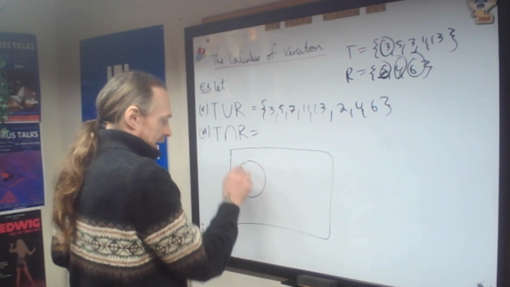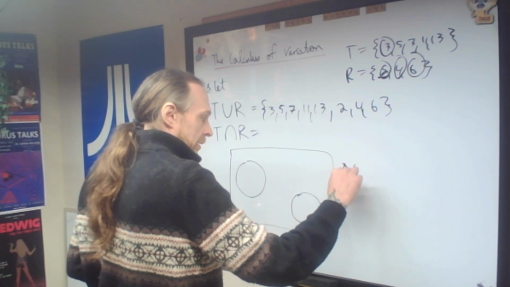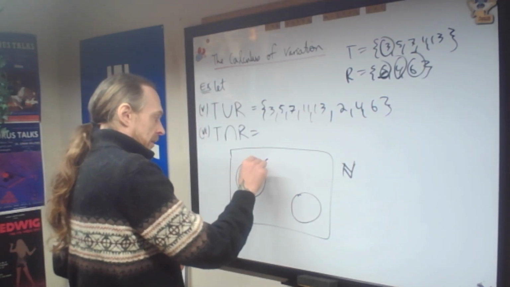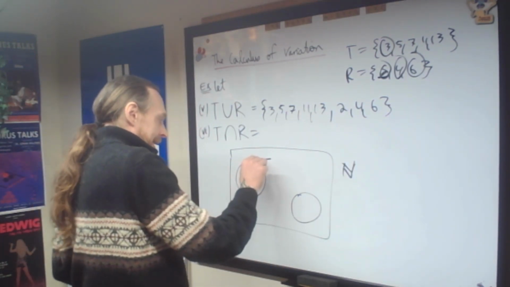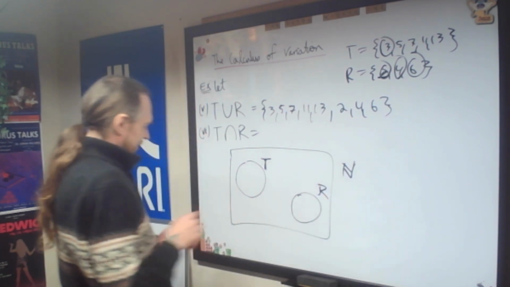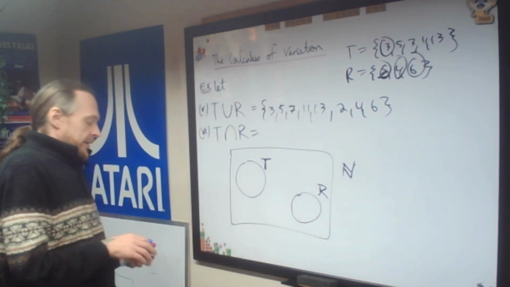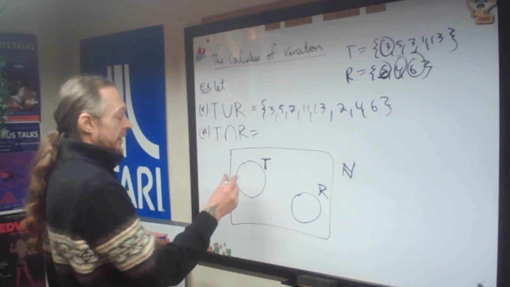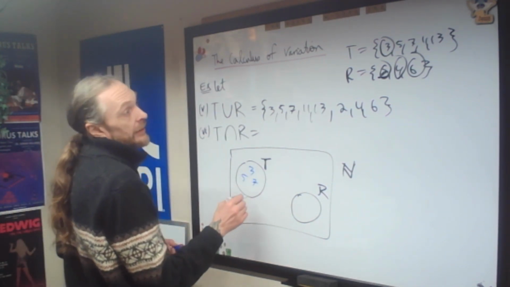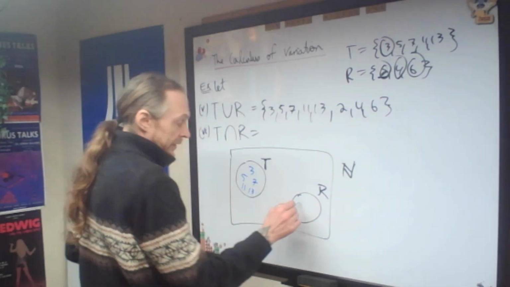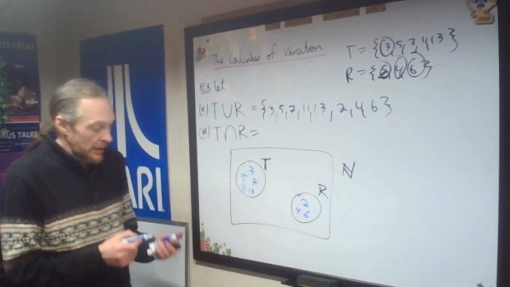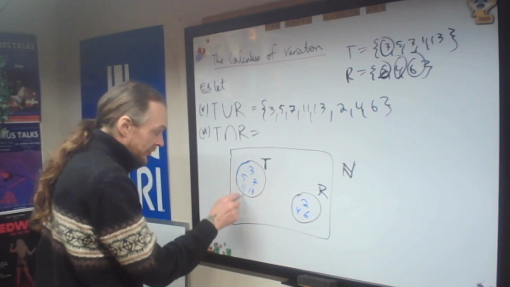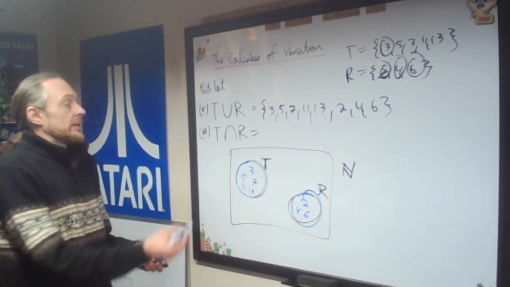So now watch, I'm going to have to color code T, capital T. And then now, what do I have in T? I have 3, 5, 7, 11, 13, and then I have 2, 4, 6. So what's their union? Their union has to be just this now. This is the union.